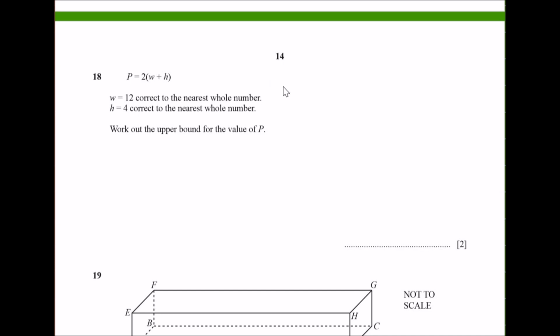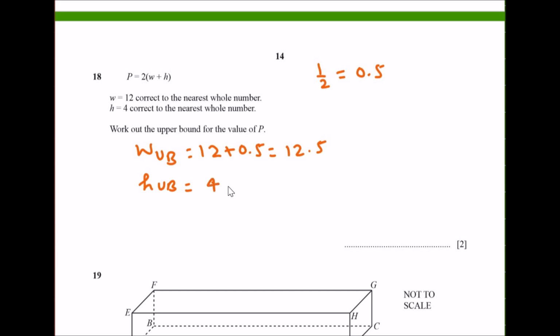Okay, so as 12 we have, let me find W upper bound. It is correct to the nearest whole number, that means 1 divided by 2, that will be 0.5. 0.5 will be added to 12 to get the upper bound. So 12 plus 0.5 is equal to 12.5. Now H upper bound, that will be 4.